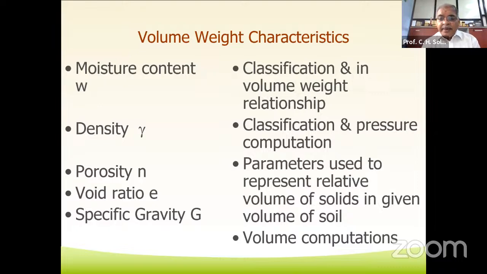There you studied the different parameters of the weight-volume relationship, such as the different unit weights of the soil, known as bulk unit weight, dry unit weight, saturated unit weight, and submerged unit weight of the soil solids. In addition to that, you have studied void ratio, porosity, specific gravity, etc. Which parameters have to be used where and for what purpose has been mentioned on the right hand side of this slide.